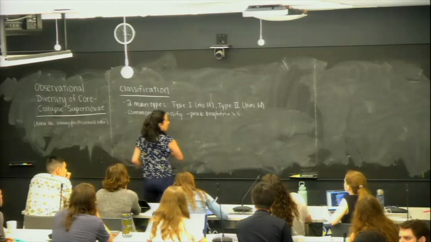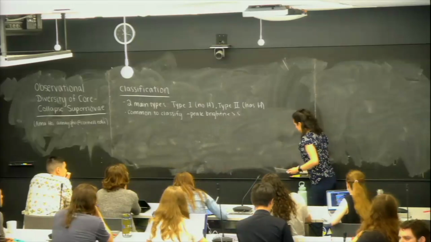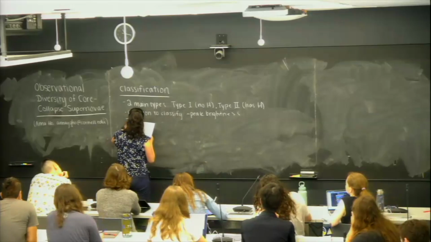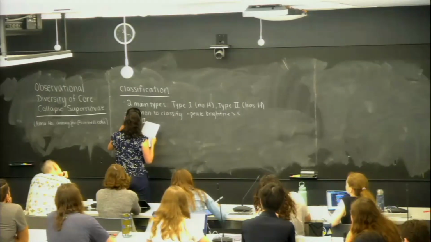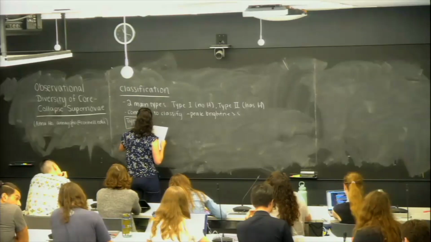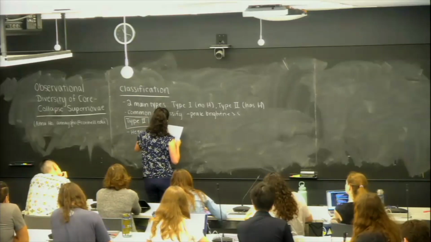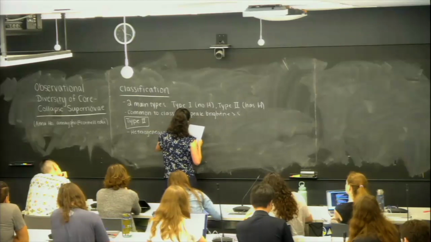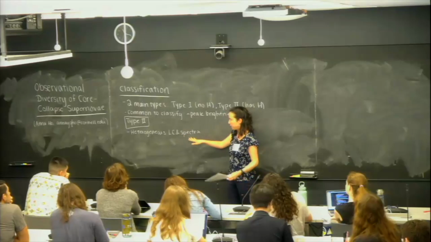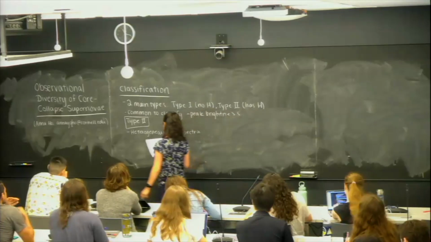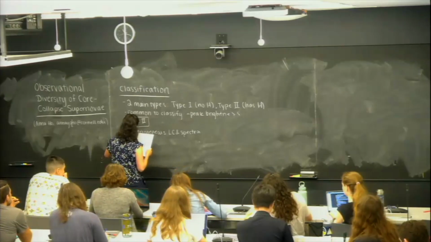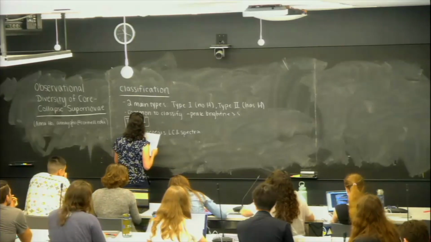All right. So I'll give a little more detail on these two different types. So type 2s. These are very heterogeneous. So their optical light curves and optical spectra can show a wide range of properties.